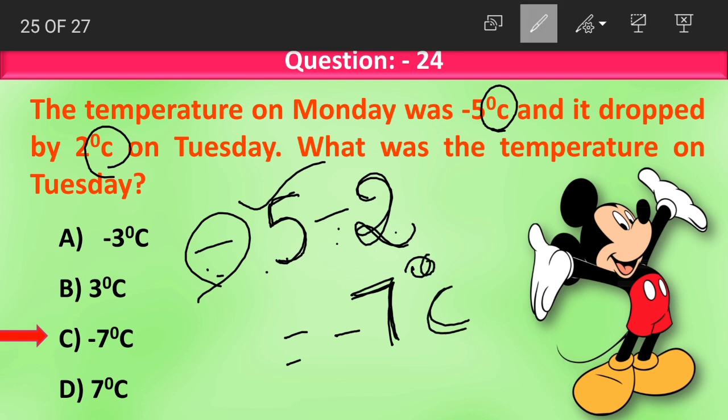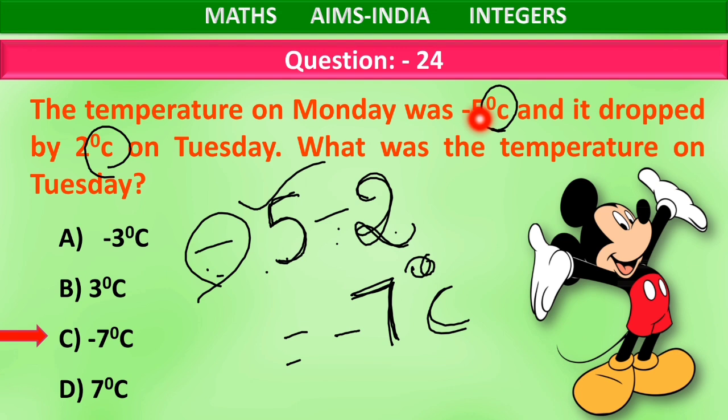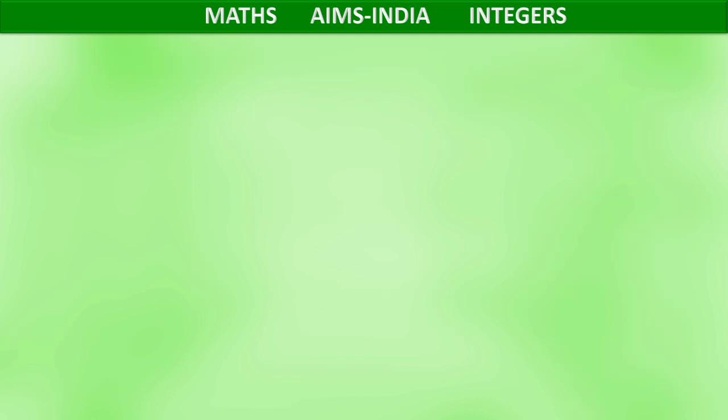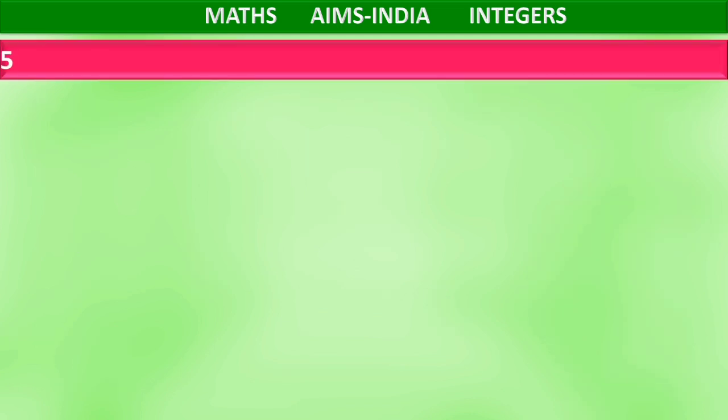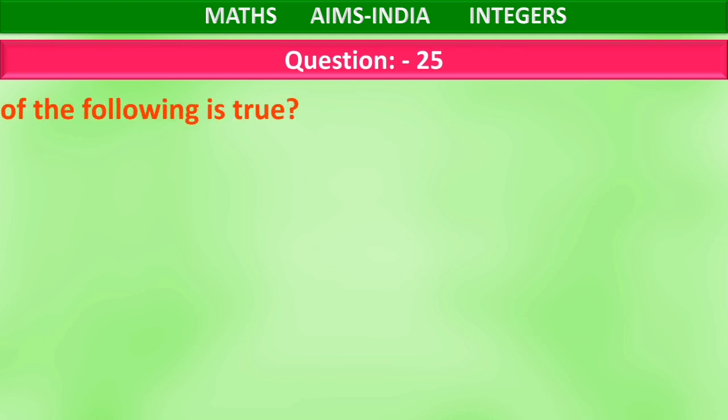The answer will be minus 7 degrees Celsius. Just like if the question was 5 kilometers and 2 kilometers, you would have written 7 kilometers. In the same way, the answer should also be in Celsius form.